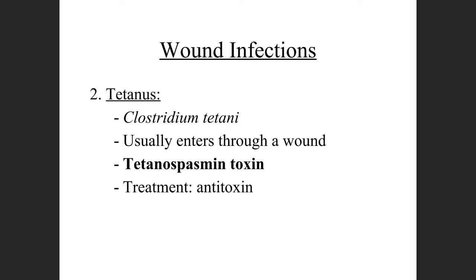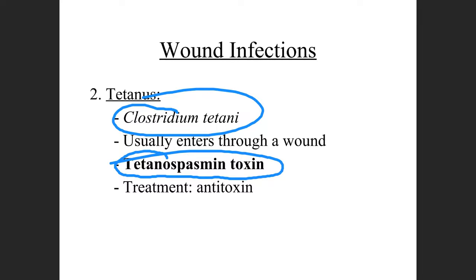But the effect of the infection is really on the nervous system. So the endospores from Clostridium tetani enter the body through a deep puncture wound. They create an anaerobic environment for themselves. They start growing, and they start releasing this toxin called the tetanospasmin toxin. And the tetanospasmin toxin causes muscles on both sides of the body to contract.